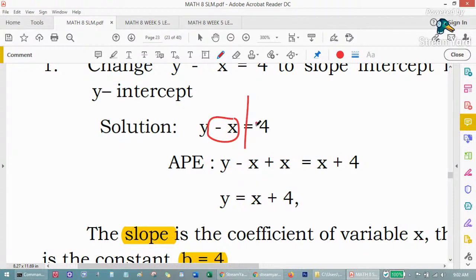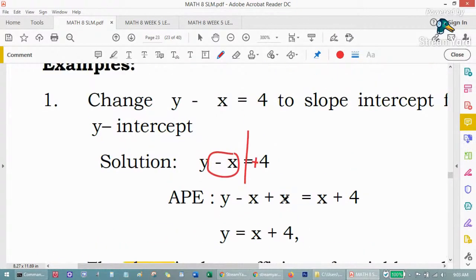And then, kailangan lagyan natin ng plus dito sa 4. Kasi pag hindi natin nilagyan ng plus, magiging x4. Kapag ang letter at number magkadikit sila, ibig sabihin nun is multiplication: x times 4 or 4 times x. So, kailangan meron siyang positive dito, para dadagdagan natin ng 4.